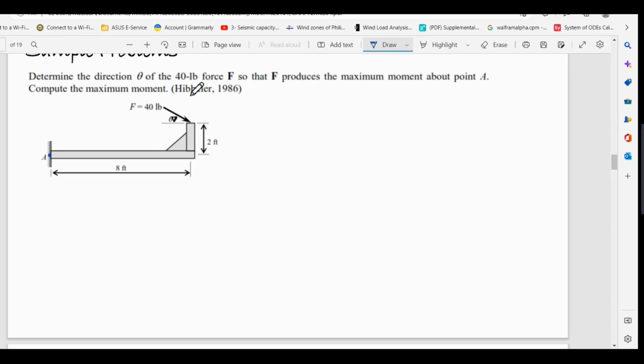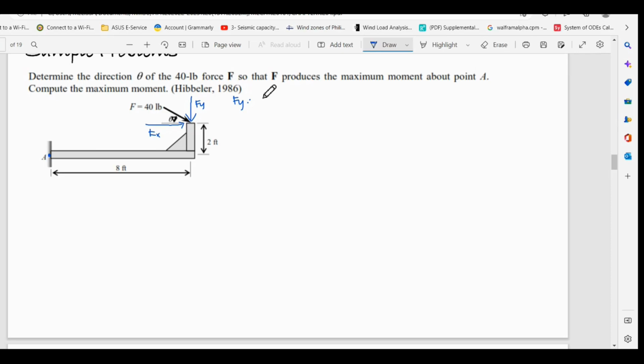Okay? So, we have here a force 40 pounds. Ang sabi natin kanina, the moment of force F is just equal to the moment of each component. Therefore, hahanapin ulit natin yung kanilang X and Y components. So, this will be our Fy and then this is Fx. Okay, so Fy is what?